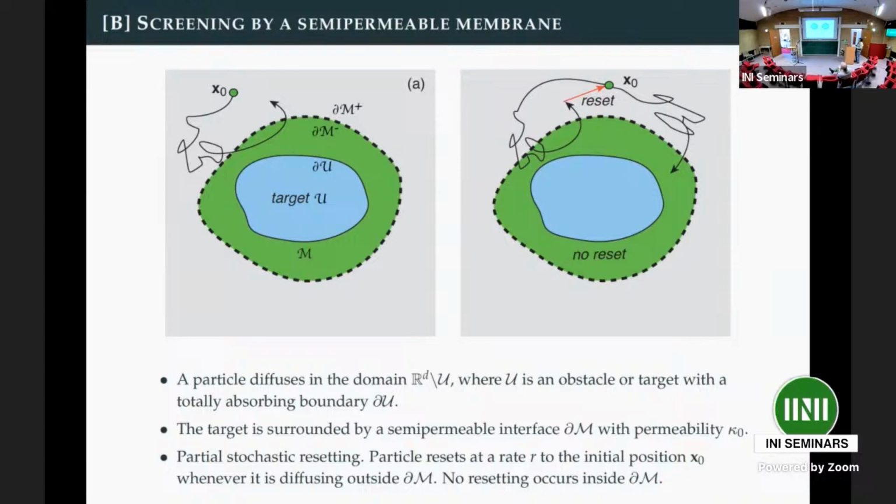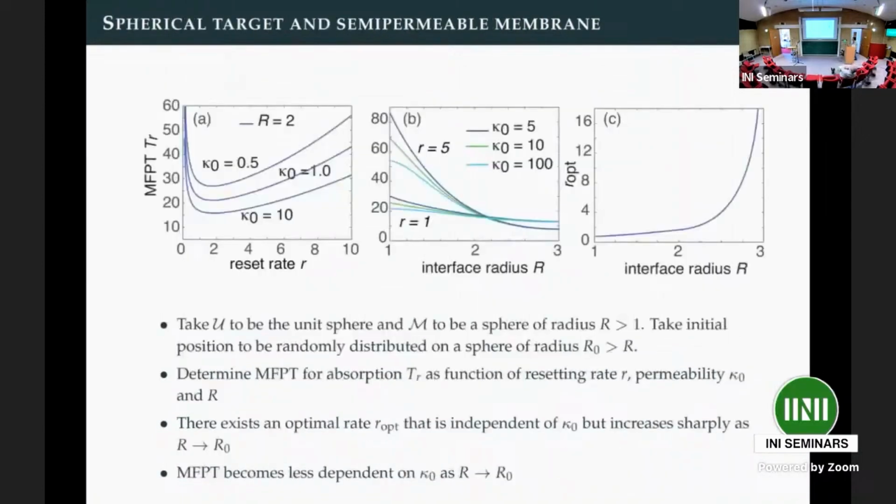So the question I asked was, well, what happens if you introduce this idea? So the basic idea is that the minute you have screening by a semi-permeable membrane, you have heterogeneous resetting. You only reset outside the domain and not inside the domain. I've shown those curves again, sorry.